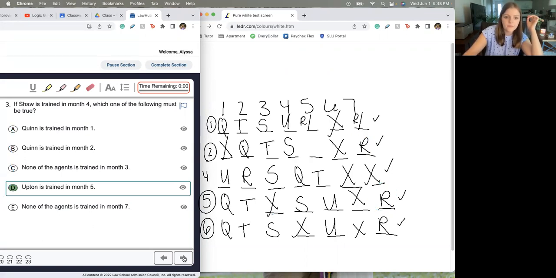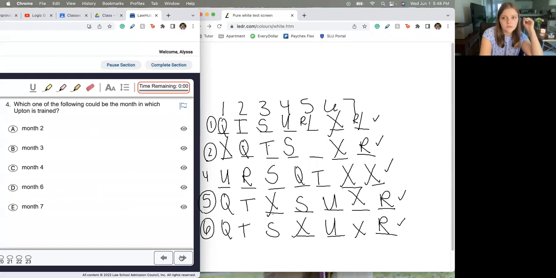Moving on. Number 4, which one of the following could be the month in which U is trained? I'm going to give you guys like 30 seconds on this one, and then we'll go over it.